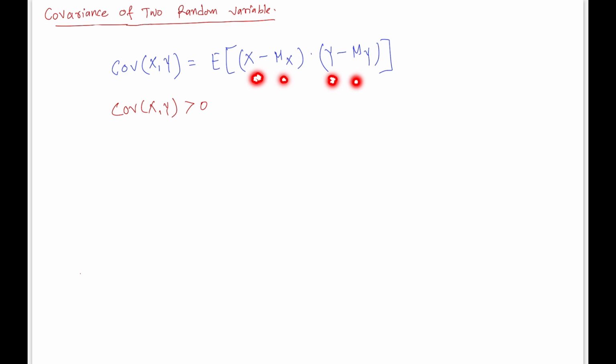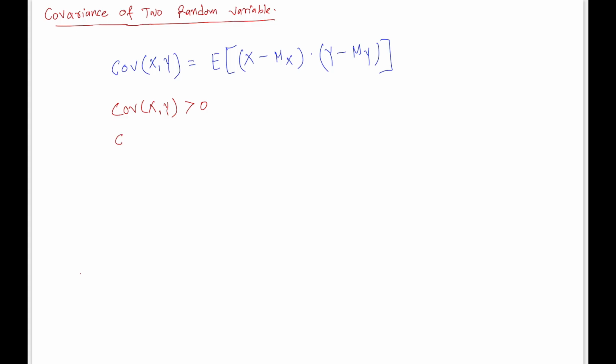Or maybe x takes a value that is less than its mean and y also tends to take a value that is less than its mean. So basically, if the covariance is greater than 0, then on average x and y tend to move together.